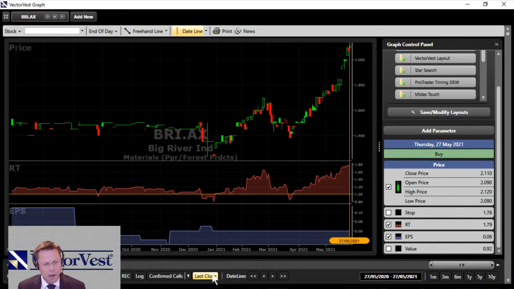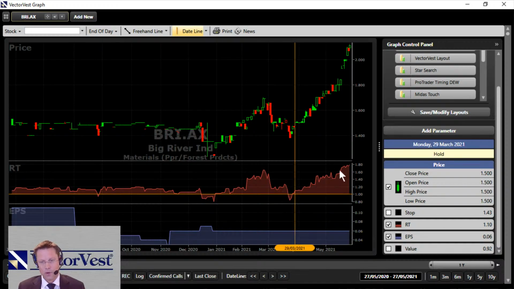So I'm looking at this going, okay, well, yep, earnings holding steady. I'd like to see them coming up, but nonetheless, the technicals are on fire. So this company's moving quickly up at the moment, and while the technicals are pumping, the stock is going to keep going, at least in the short term. Now again, I'm not licensed to give advice, I'm not a financial advisor, so please do speak to your financial professional, but we've seen time and time again, when the technicals move up and continue to crank up, the share price goes up.